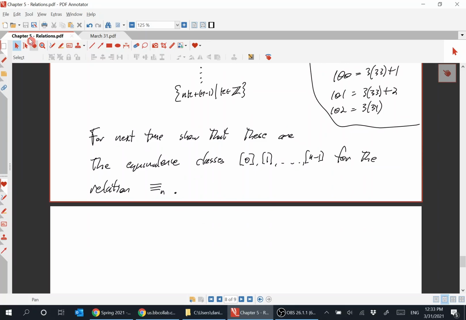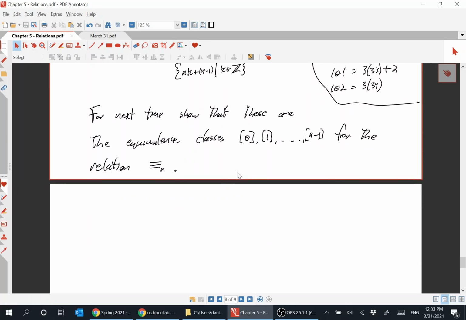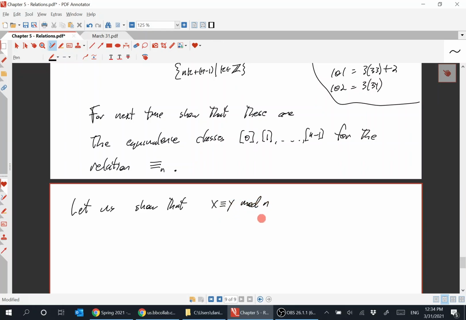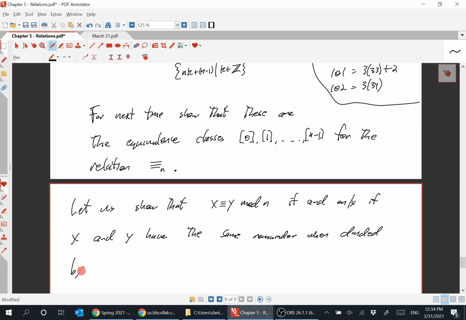So let's show that x is equivalent to y modulo n, mod n, if and only if x and y have the same remainder when divided by n.